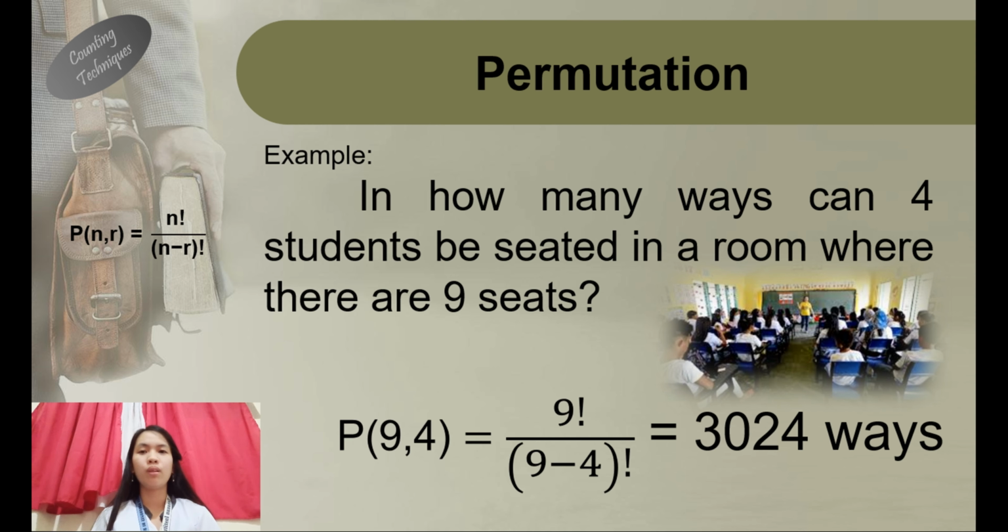Oh, I forgot, times 6 as well. So, 9 times 8 times 7 times 6 is equal to 3024. Therefore, we have 3024 ways.